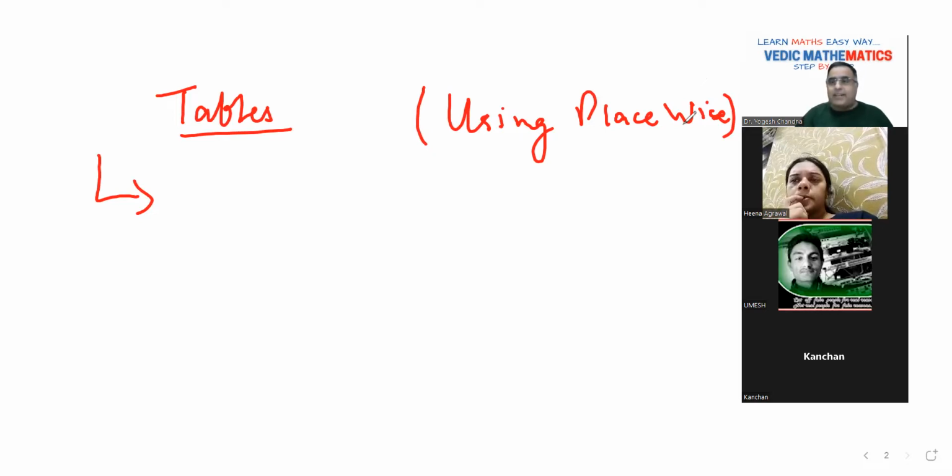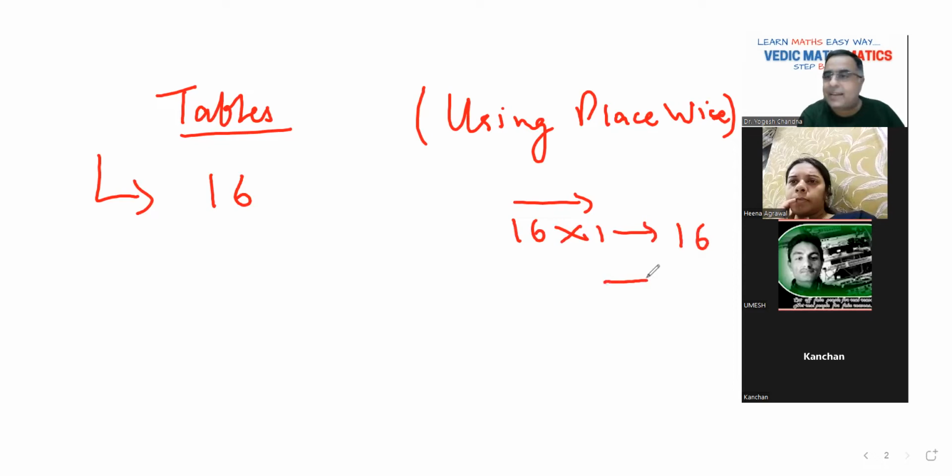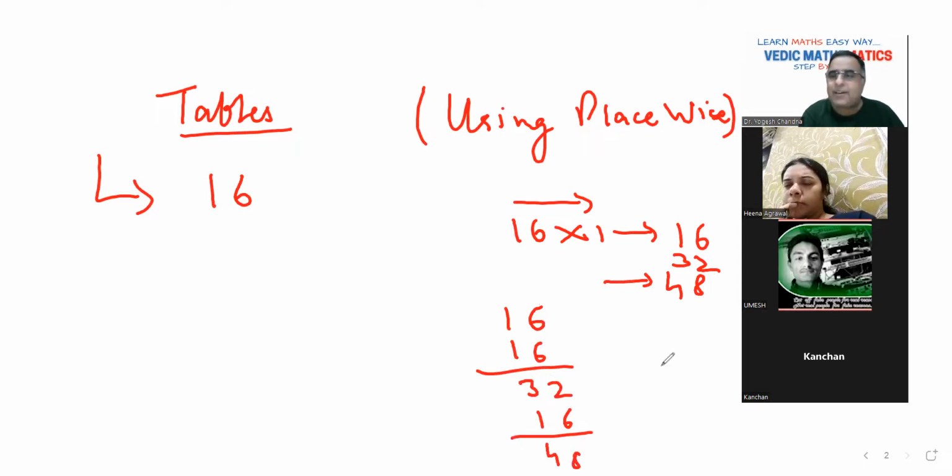Because we have given them two options only. Even if they have to write a table of 16, one option is they cram table of 16: 16 ones are 16, 16 twos are 32, 16 threes are 48, and everybody starts struggling after that. Second way, what has been taught is adding 16 plus 16, 32, then 16, 48, and further 16, and this way.